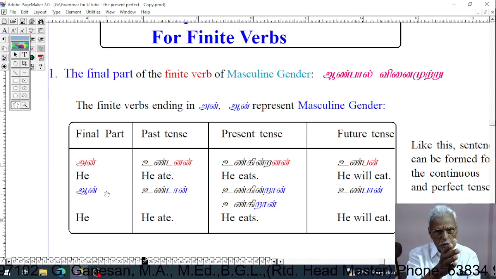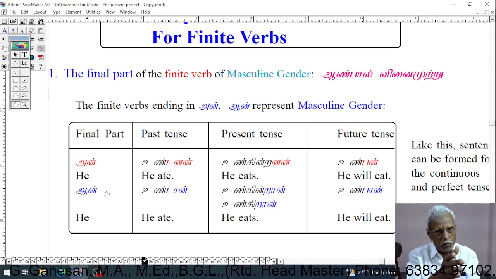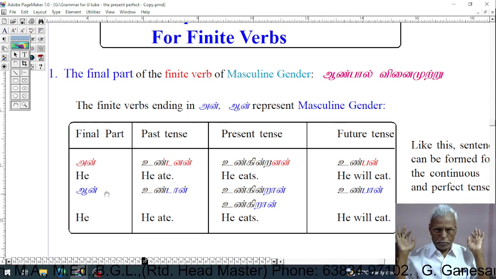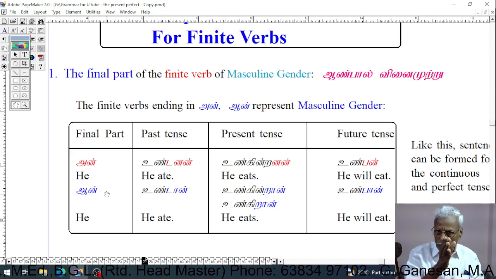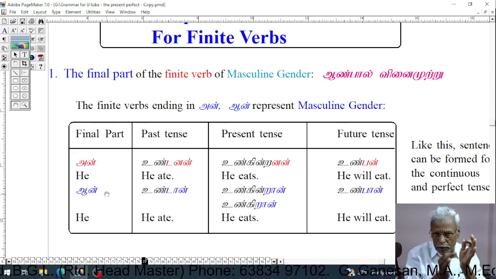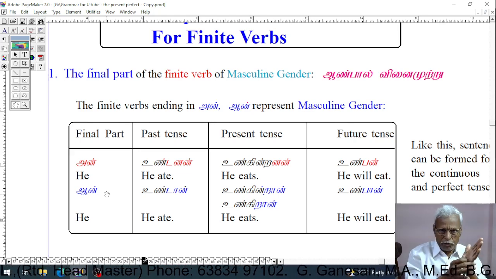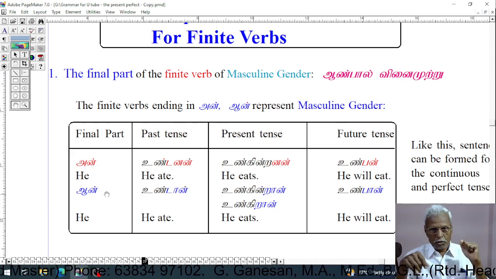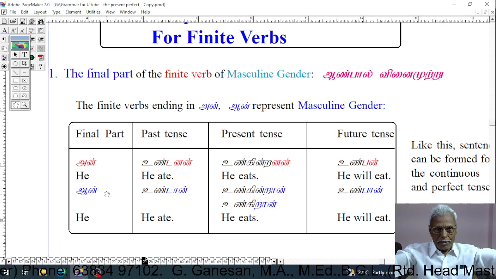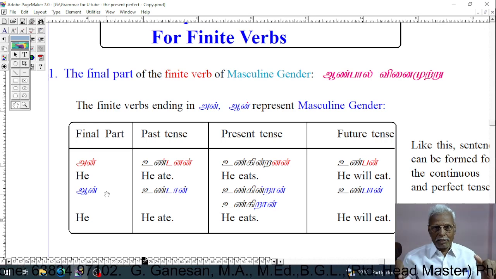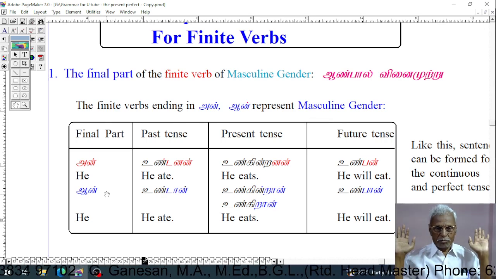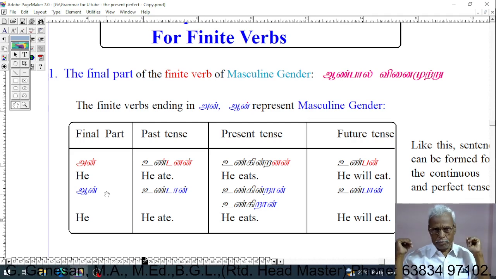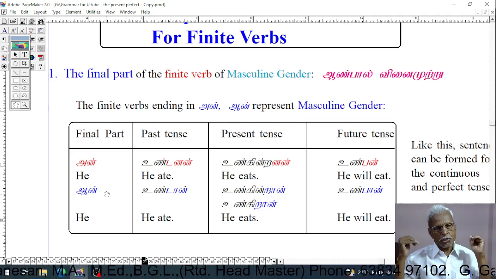When we want to say about a man, when we want to refer to a man, we should end the final part of the verb in on. You see, vandan, varugindran, varuvan. The same is for the remaining tenses, continuous and perfect tenses.